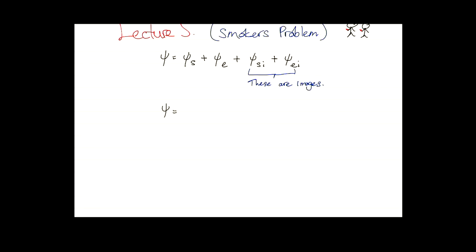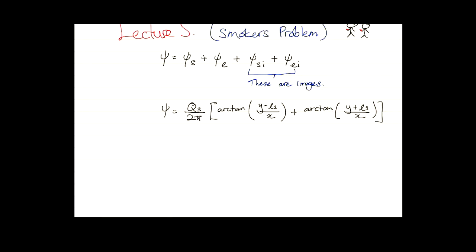If I write it all out, I'm going to get Qs over 2 pi arctan of y minus ls divided by x, plus arctan of y plus ls over x. This is my image.